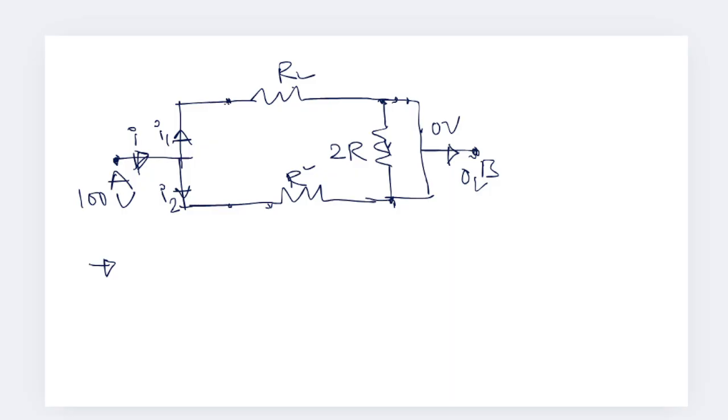First you have to check the current entry and exit, the direction of the current. Next, the condition of the parallel circuit: the current is dividing. Then the voltage, the potential difference, is the same across the resistances.